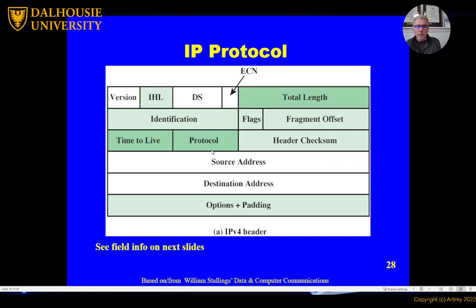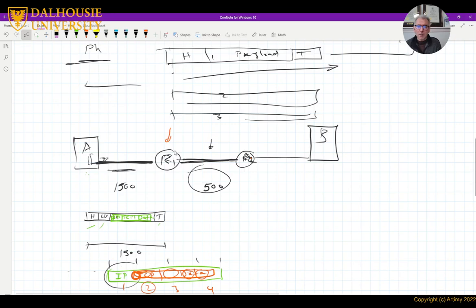And then the time to live. To prevent a packet from going in the network forever and ever and looping, we put a number here. We have 8 bits, a byte here, so we can put up to 255, right? And what happens is every time the packet arrives at a router, the router will decrement this number.